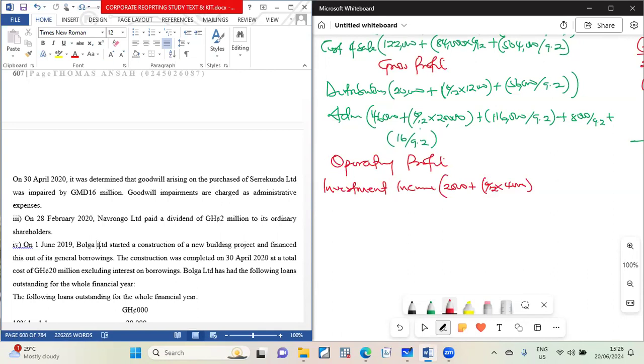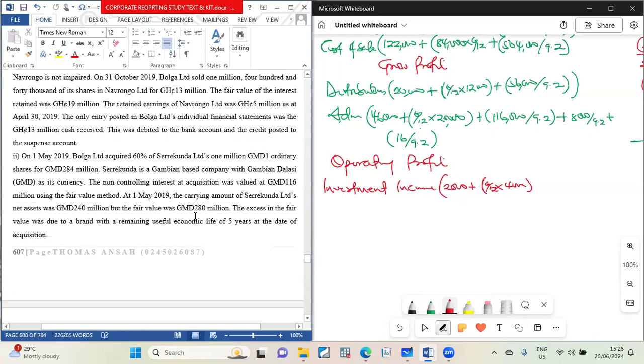All right. So that 1,600, we all know that this Navrongo guy was there for how many years? They were there, but we were told on 28th. So look at the date. Were they together on 28th February 2020? Were they together when the dividend was issued?